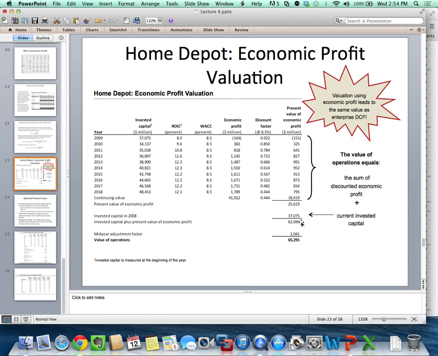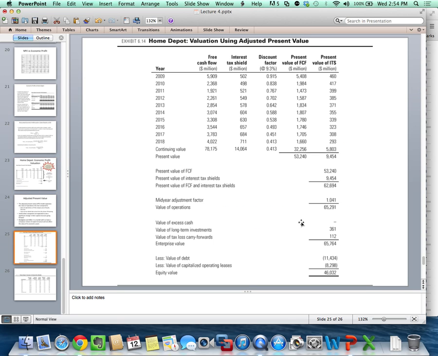All right, method number 3, APV. As I said, I'm not going to ask you to calculate it, but I at least want to show you how APV works. So here's the idea of APV. To do an adjusted present value valuation, I use the same free cash flows that I did in the DCF. So same free cash flows. Forecast those as well.